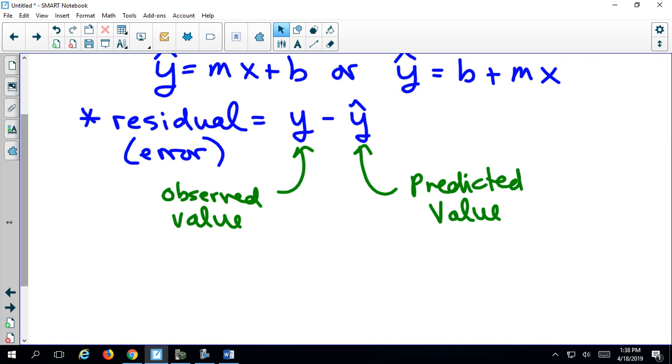If the residual is positive, that means that the y value is above average. If the residual is negative, that means that point's below the line. That means it's below average. So points above the line are above average. Points below the line are below average.